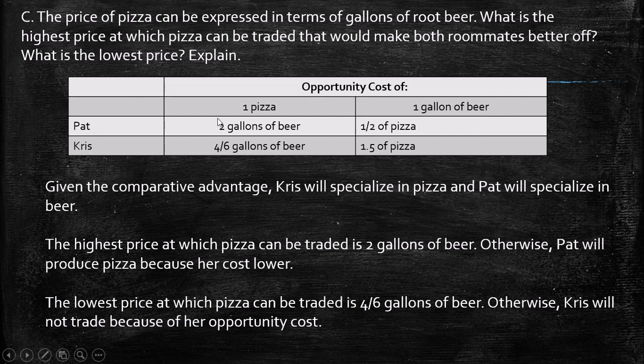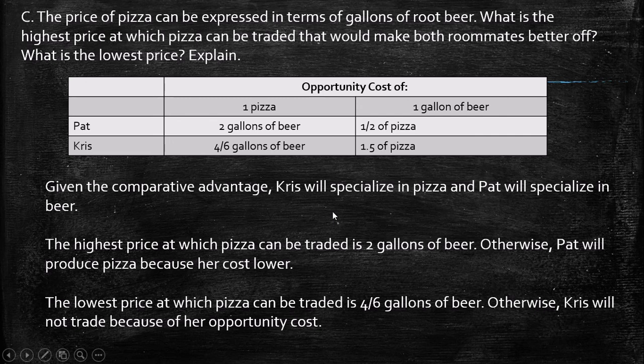For Pat, one pizza, the opportunity cost is 2 gallons of beer. And for Kris, one pizza, 4/6 gallons of beer. On the other side, 1 gallon of beer is the opposite: for Pat it is half a pizza, and for Kris it is 1.5 pizzas.